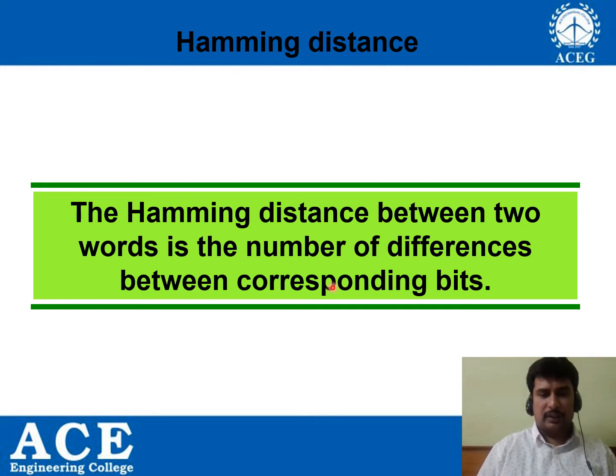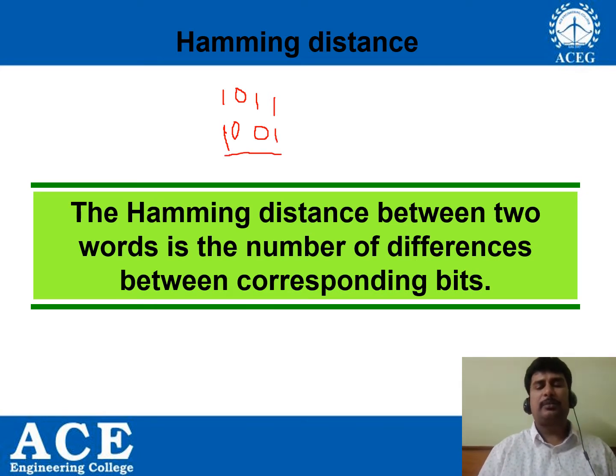For instance, I would like to refer to it with a simple example. If the first code word received is 1011 and the second code word received is 100001, what is the Hamming distance between these two code words? Now, if you look at this, the first bit of both code words is the same.